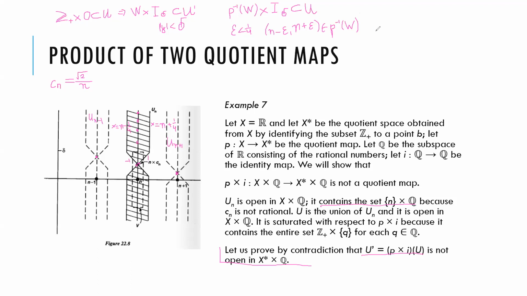And from this follows that U contains V, which equals n minus epsilon to n plus epsilon cross I delta.